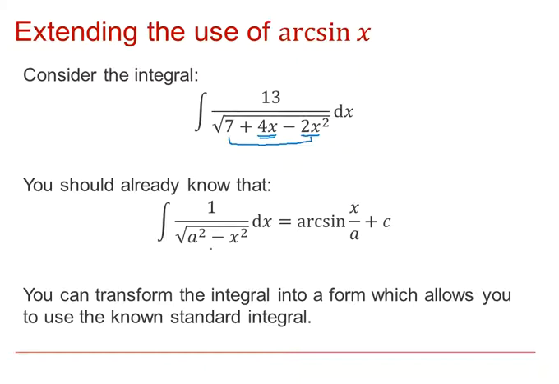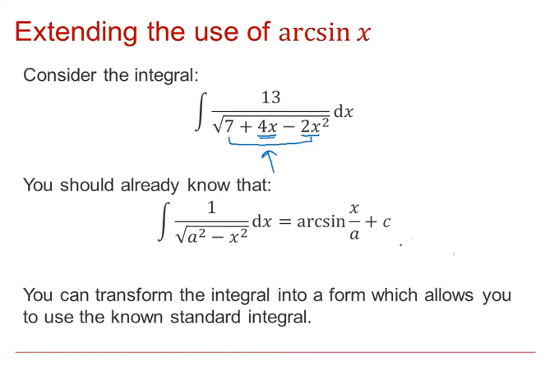So although we know we can integrate 1 over the square root of a squared minus x squared with respect to x using this standard result, this integral isn't quite in the right form to be used at the moment.